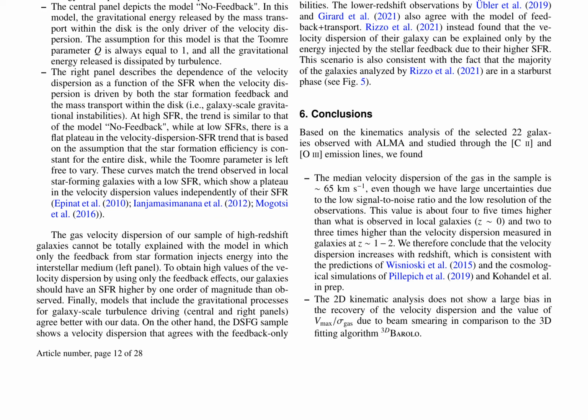The gas velocity dispersion is also explored as a function of the SFR, suggesting that gravitational processes for galaxy-scale turbulence driving are more likely responsible for the observed high velocity dispersion, rather than feedback from star formation alone. The observed velocity dispersion agrees better with models that include both feedback and transport mechanisms, such as the Krumholz et al. 2018 model.